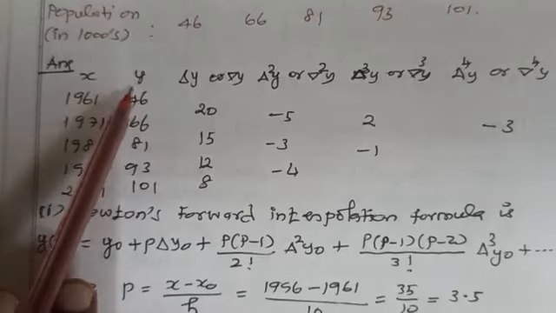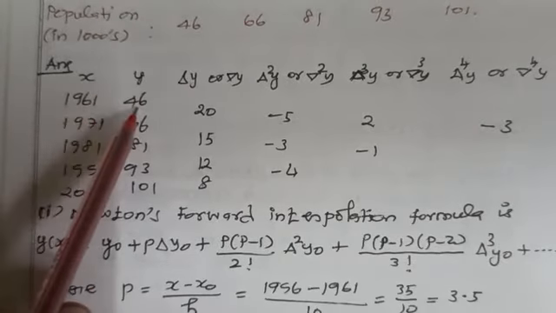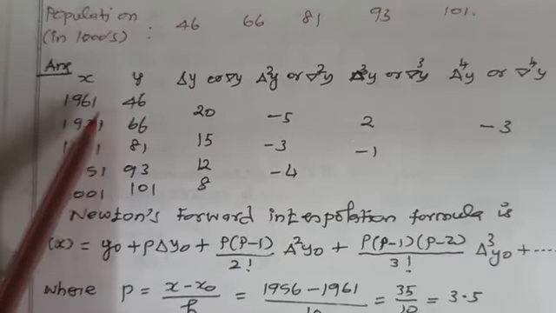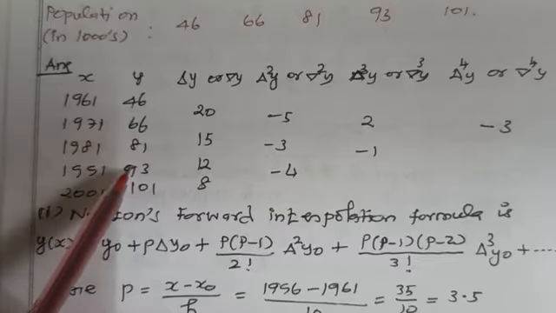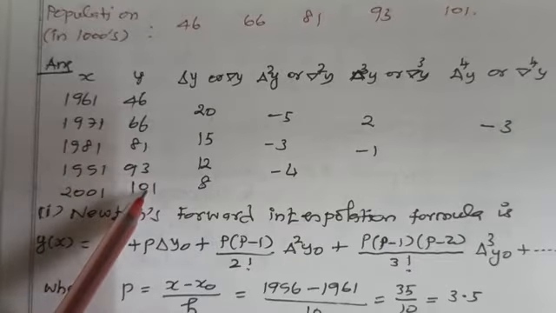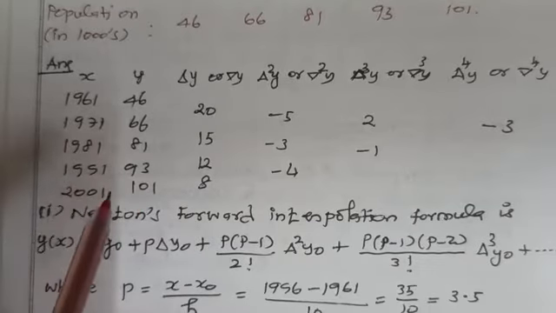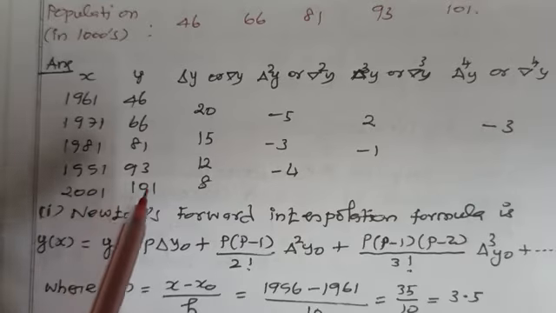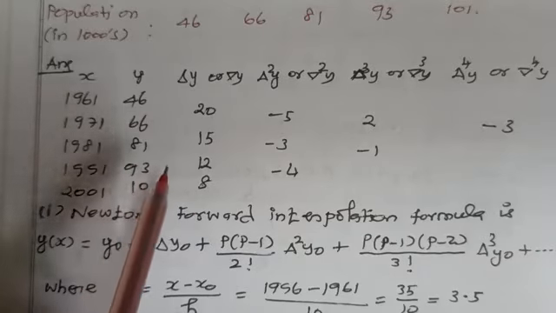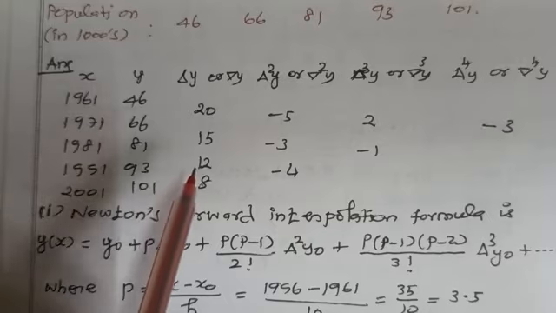The corresponding y values: in 1961, 46, then 66, 81, 93, 101. Okay. Now we have to prepare the difference table. Suppose we are using Newton's forward interpolation formula.